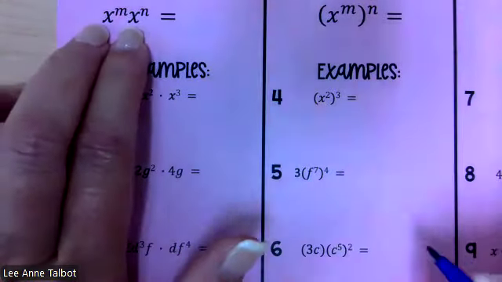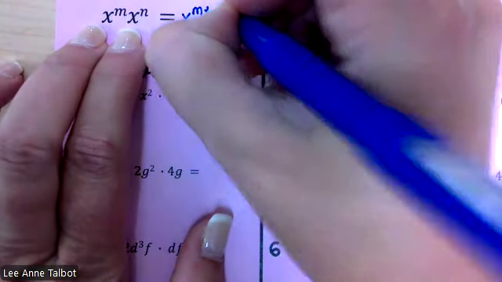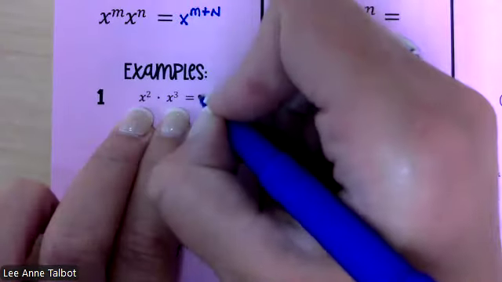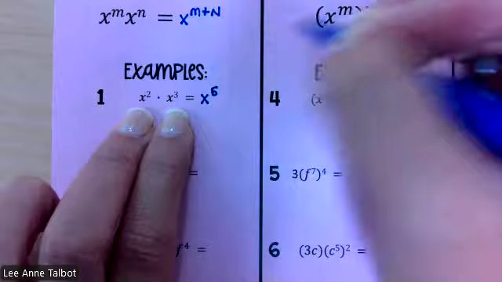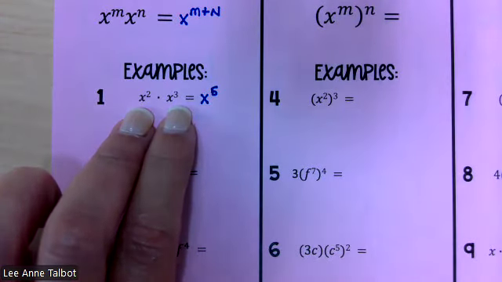Okay, when you multiply, the base stays the same and you add the exponents. So this one right here is x to the 5, not x to the 6. Did I make it look like a 6 though?